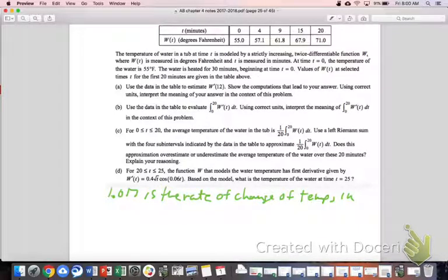Per minute, I think, on this one. In degrees Fahrenheit per minute when T is equal to 12 minutes. So that's a little generic, but I think that would be a very good full explanation of what that is.